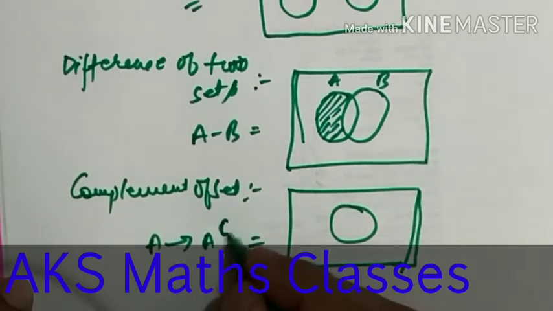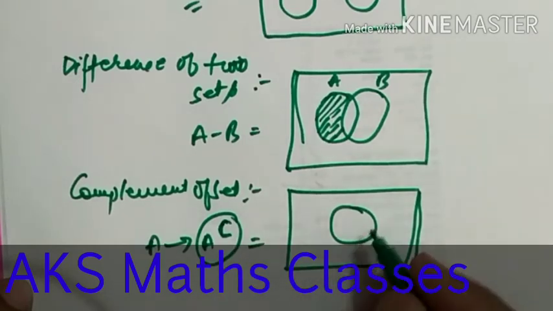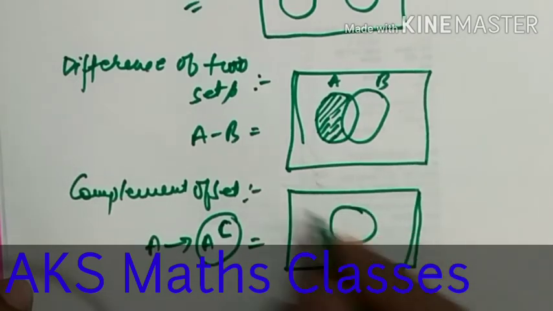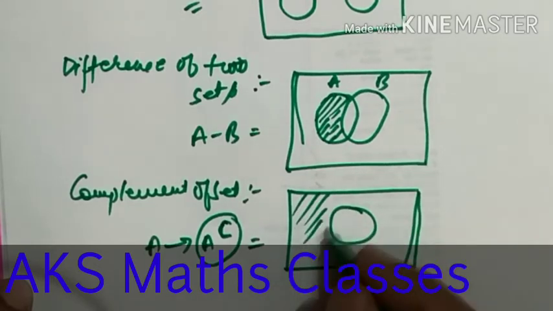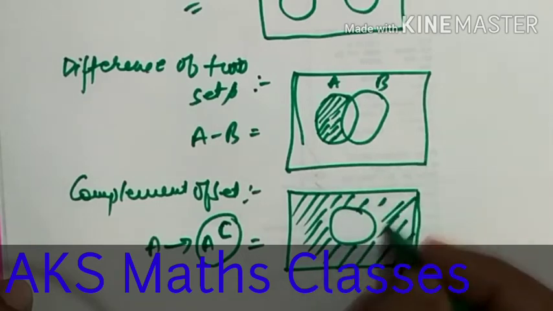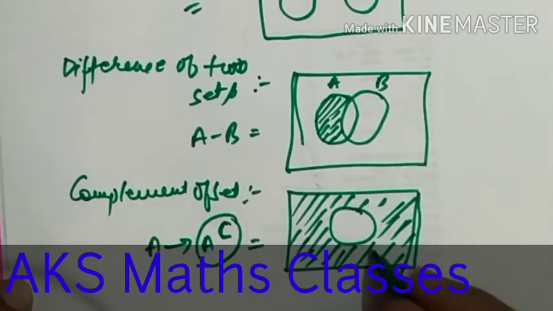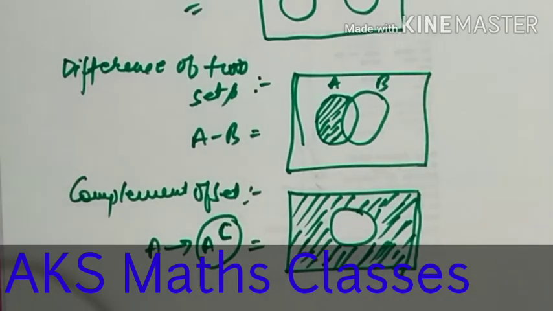We are finding A^C. Complement of a set means we subtract the set A from this universal set. So the left element of the universal set will come here. So we will shade the left portion of the rectangle except this circle. It is clear now. So by these conditions we represent the sets in the Venn diagram.